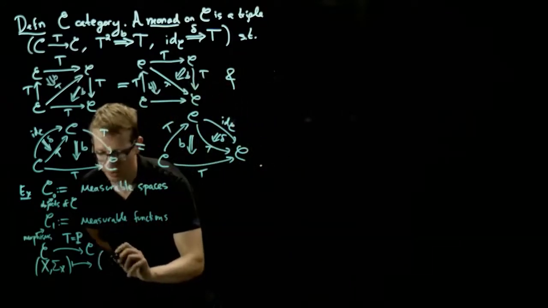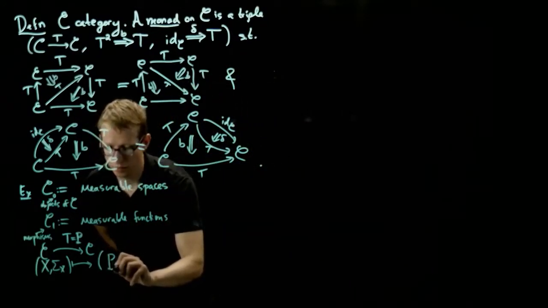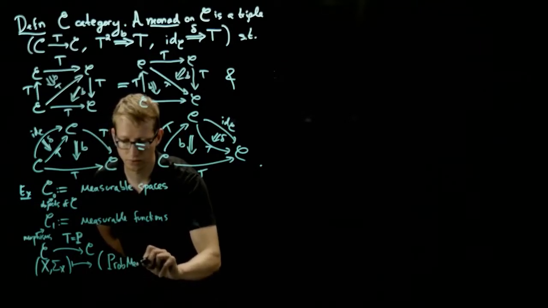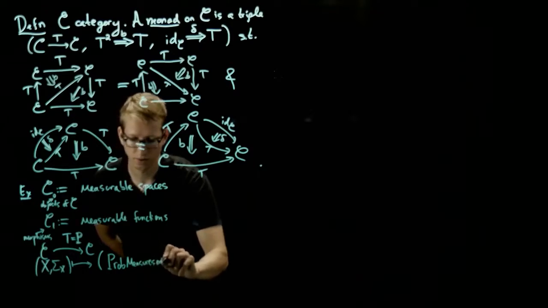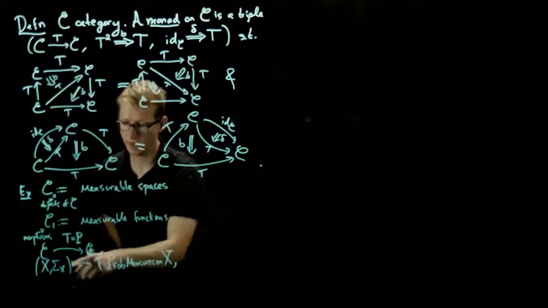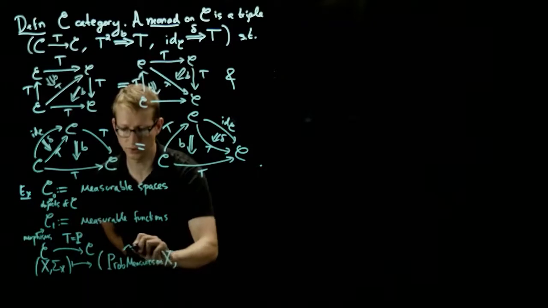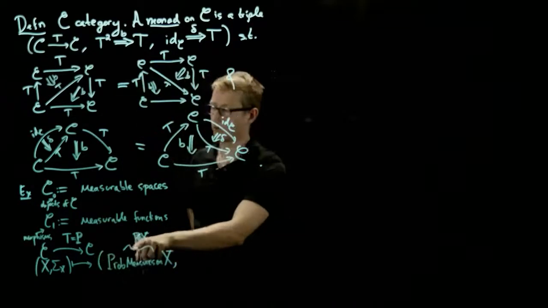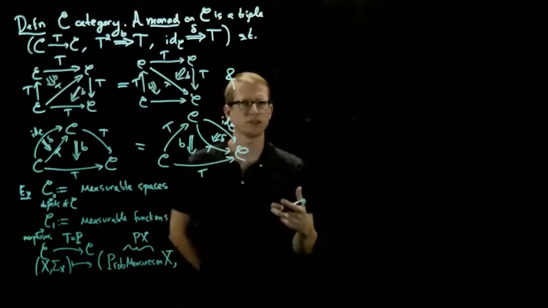And that measurable space is going to be the set of probability measures on X. I'll just call this PX. So these are the set of probability measures. What is the associated sigma algebra?